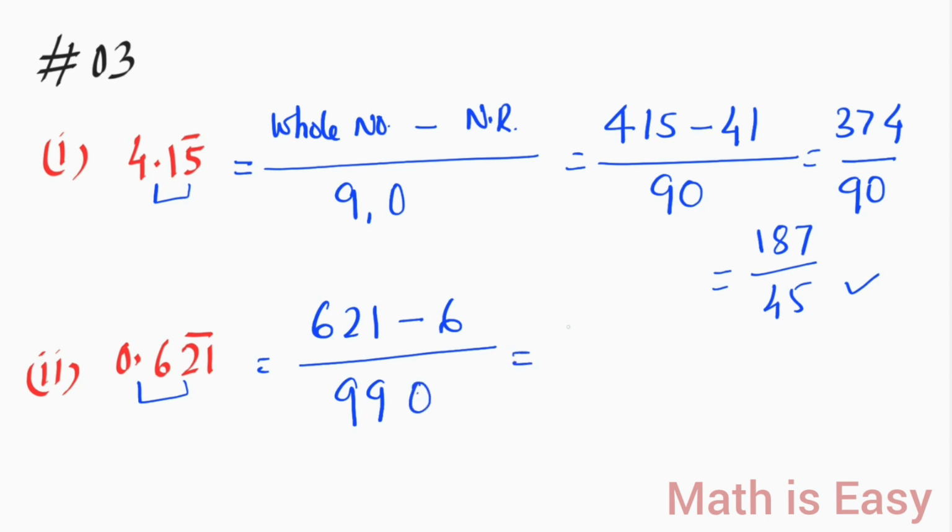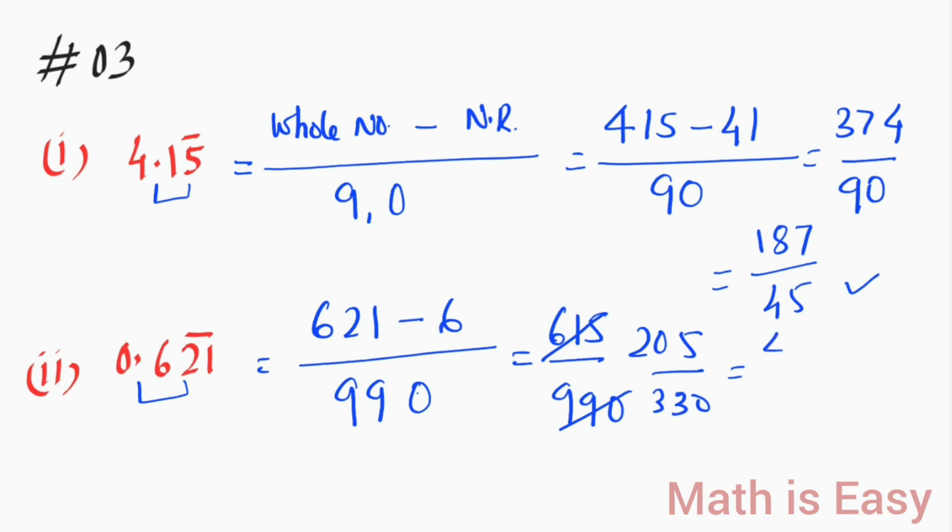Now we subtract, and this becomes 615 upon 990, and we can further simplify it: 3 twos are 6, 3 fives are 15, 330, and we can divide it by 5, so it becomes 41 upon 66, and this is our answer, okay.